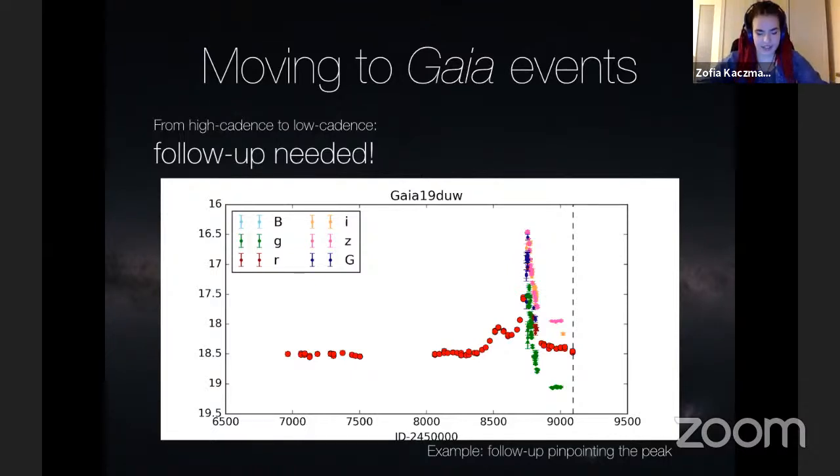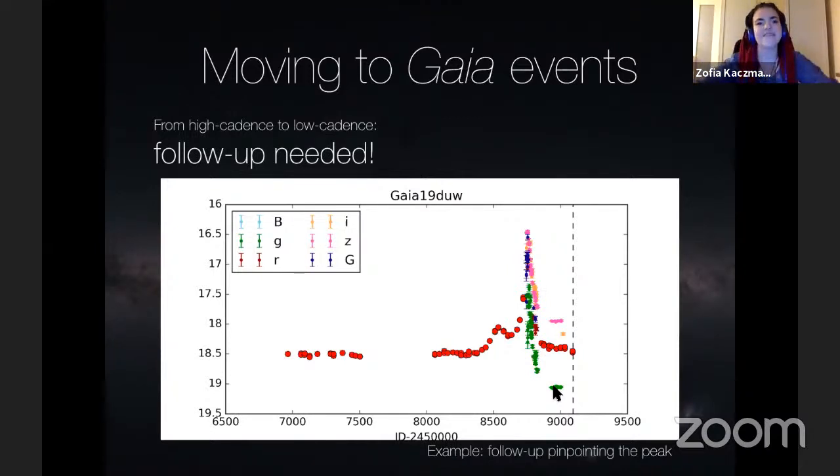So I would like to motivate you to first do follow-up for us. Second, do follow-up for us even when the event is no more doing something interesting, when it's at the baseline, because it's those points about 9,000 years on the plot that help us level out different bands, because that's a problem with multi-band modeling, and we have to anchor it to some point.